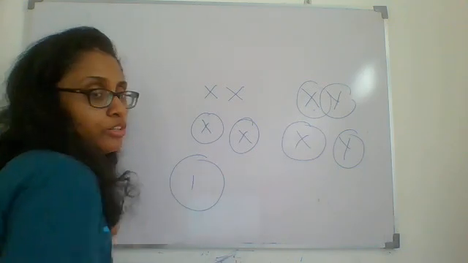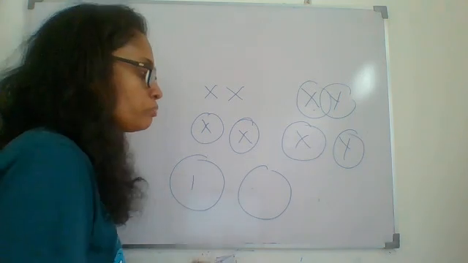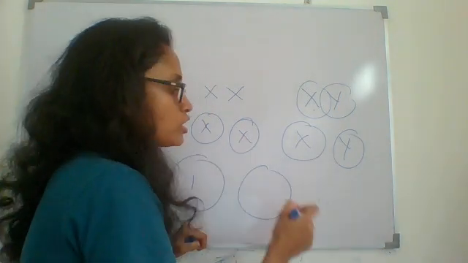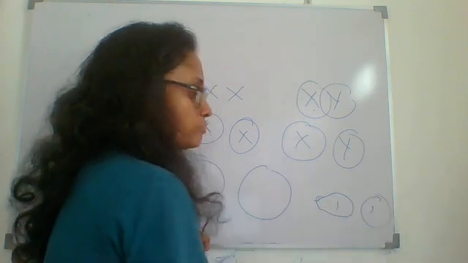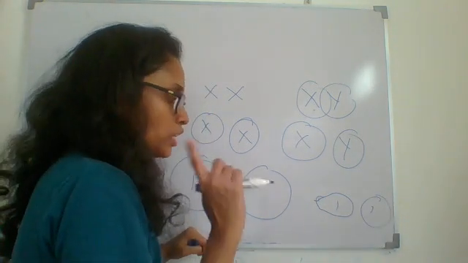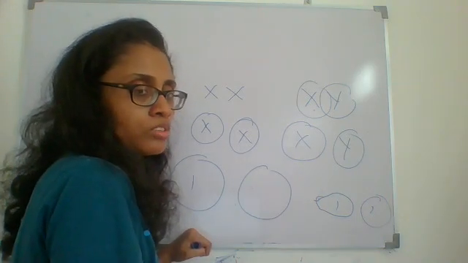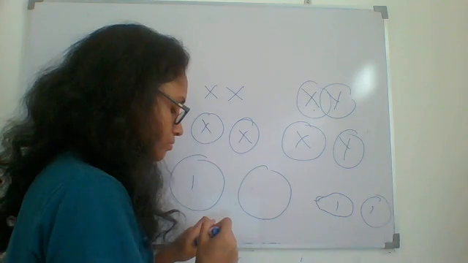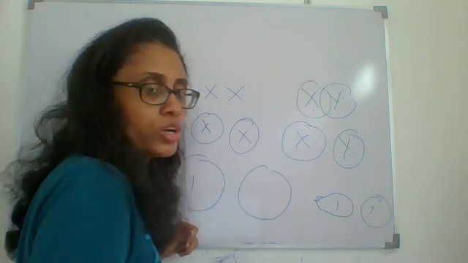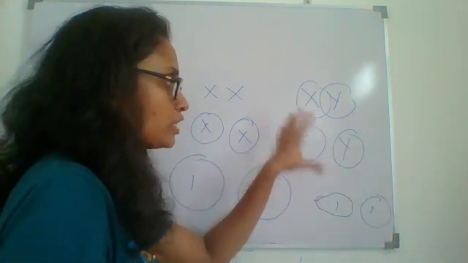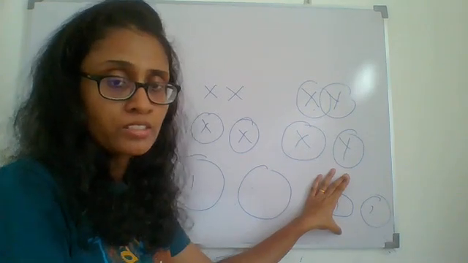Each egg contains only one chromosome. Here also the sperms contain only one chromosome. Can you remember in meiosis, half of the chromosomes come to the daughter cells, right?